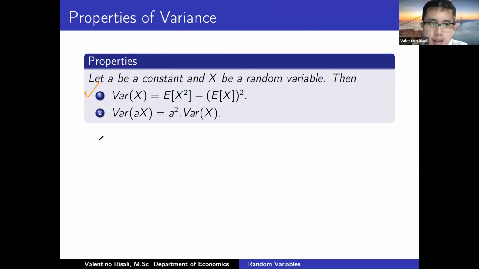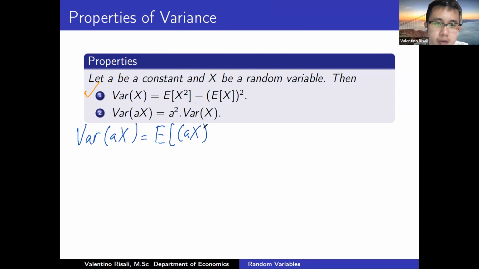Okay, let's compute the variance of aX, and from number 1 we get it is equal to the expectation of aX squared minus the expectation of aX, squared.